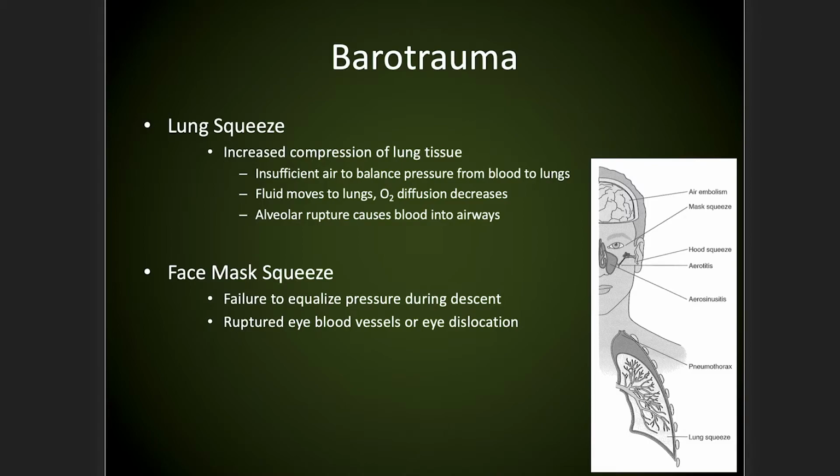So we're going to have problems breathing and getting the oxygen into the body, to the tissues, but also at the same time, carbon dioxide is going to start to increase, and the tissues themselves could start to rupture. The alveoli, or the little sacs in the lungs where the oxygen and carbon dioxide transfer occurs.